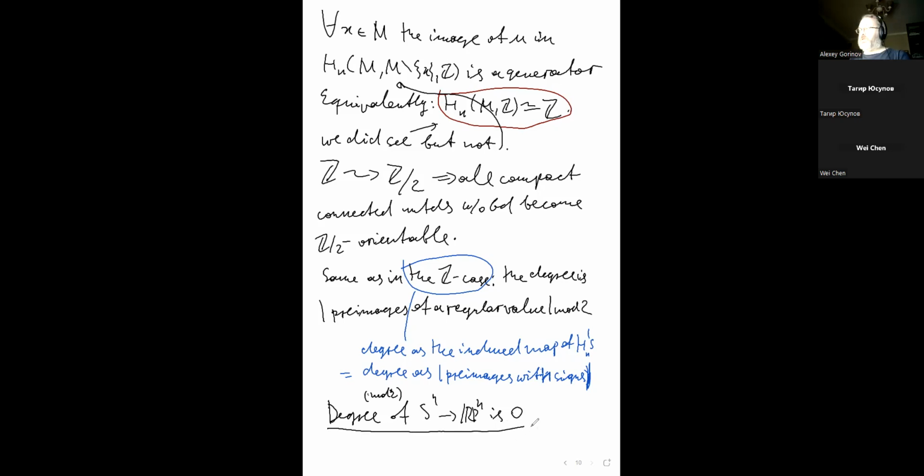Well, this is basically because in this case we have a non-ramified covering, and all elements of RP^n are regular values, and they all have 2 preimages.